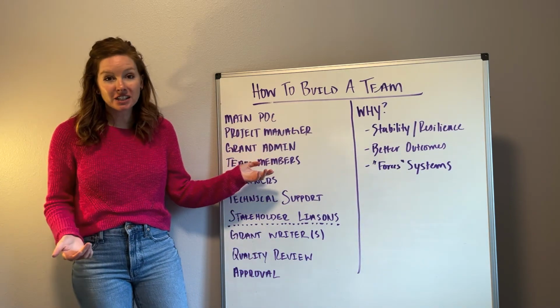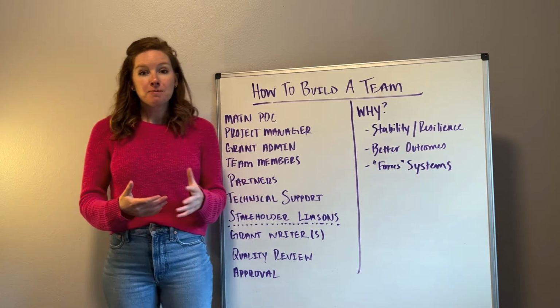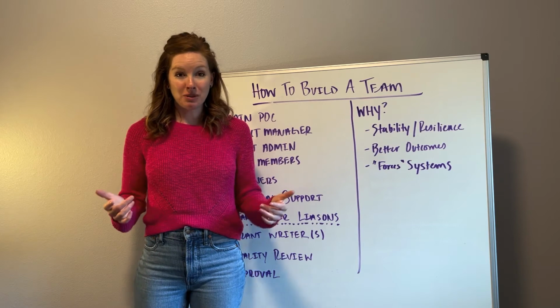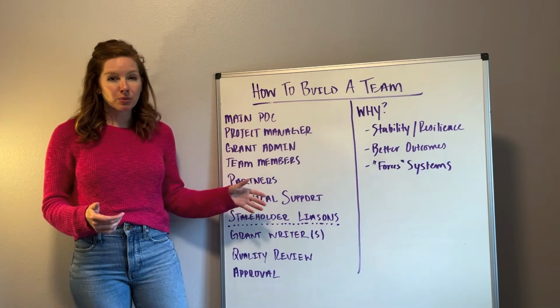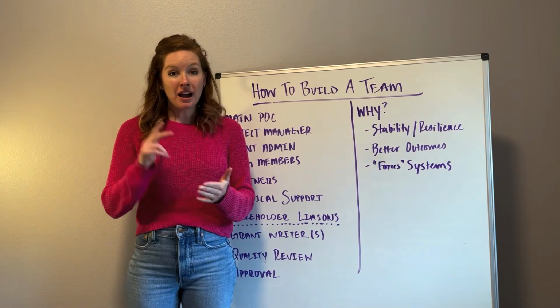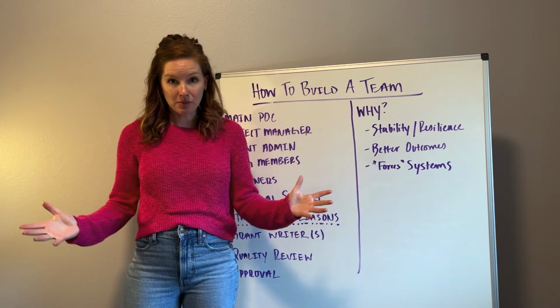Even if they're volunteers, they need to be different people plugging into and supporting a project, because funders will know exactly how busy you are and maybe question if you're really going to be able to do this. So it's really important to show we are resilient, we have stability, if one person drops out we know how to bring someone else in, and we have a whole team supporting this.